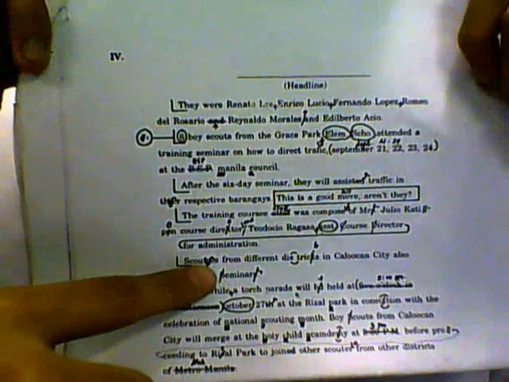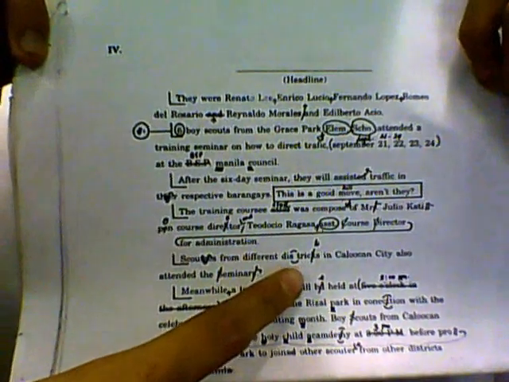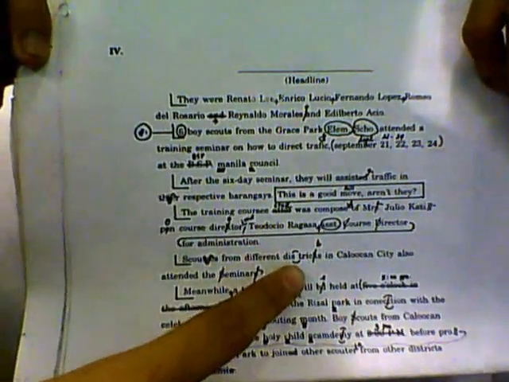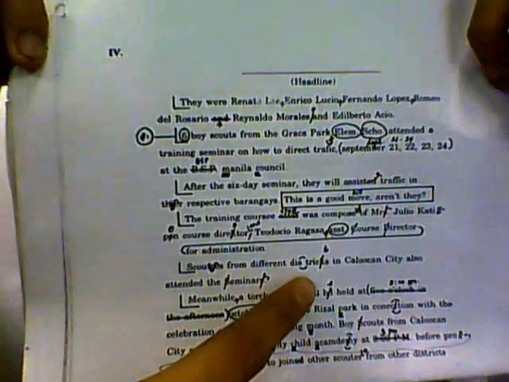This symbol was used to transpose the letters and turn them into the word scouters. This one is used to connect the words, and also in this word, another symbol is used to delete the letter K and insert the letter T.